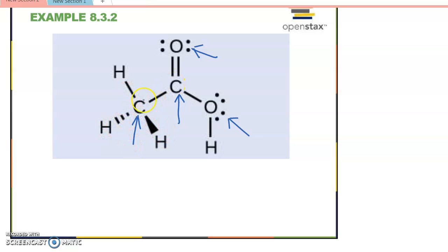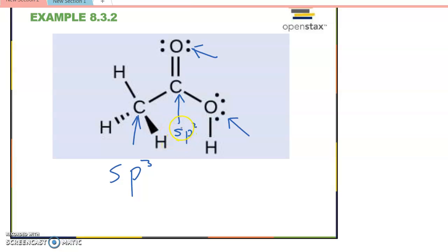If it has 4 electron groups, that means it must be sp3, see, 1 plus 3 gives us 4. That's why it's sp3. How about here? How many electron groups? 1, 2, 3. 3 electron groups, and therefore it is sp2.